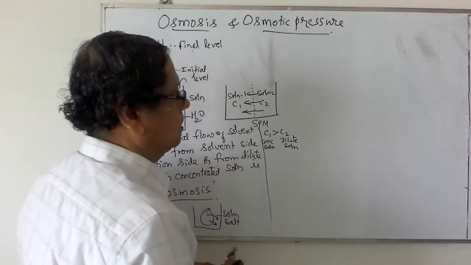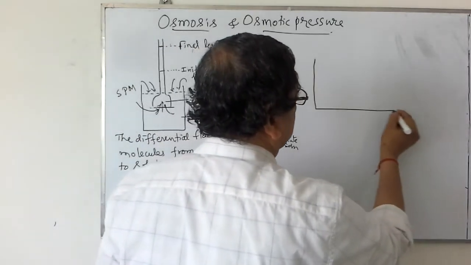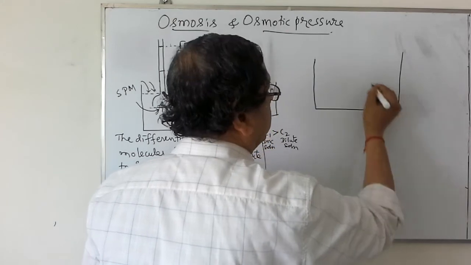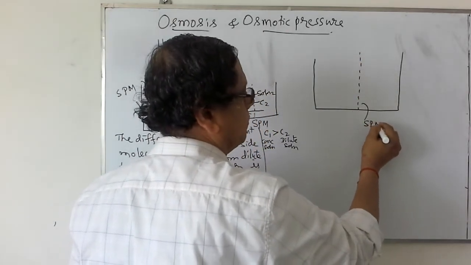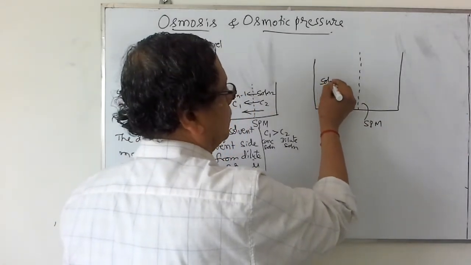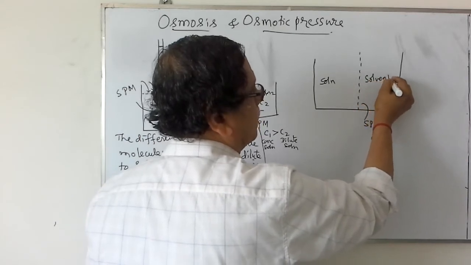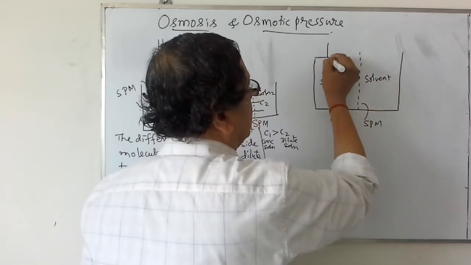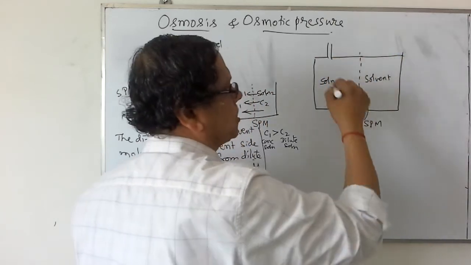Suppose you consider this vessel. Assume that this is the vessel in which again it is separated by using a semi-permeable membrane. Now here you are taking the solution. Here you are taking the pure solvent. Here there is a pressure that can be applied on the solution.